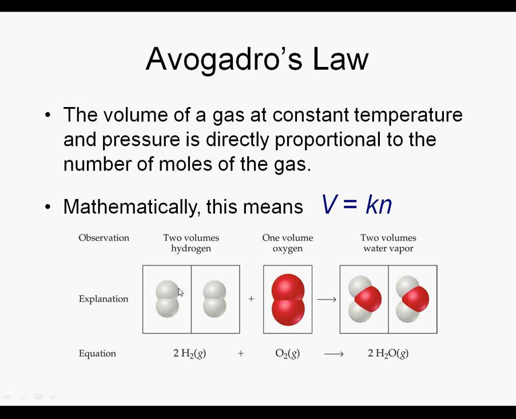If you keep them at constant pressure, then their volumes add. The volumes add, the pressures add. That's what Avogadro's law is saying. Let me read it to you. The volume of a gas at constant temperature and pressure is directly proportional to the number of moles of the gas. So if you double the amount of moles, you double the volume, keeping all other things constant.